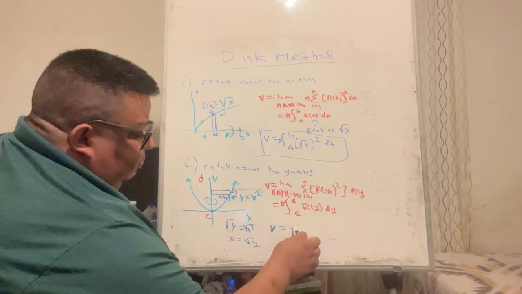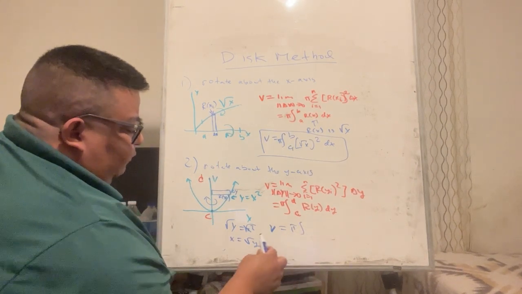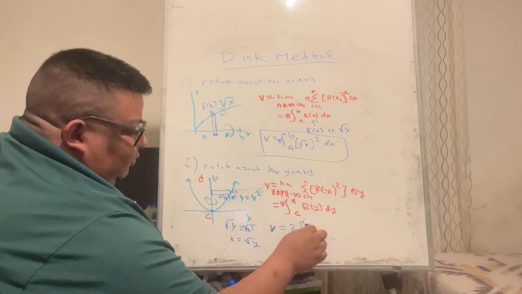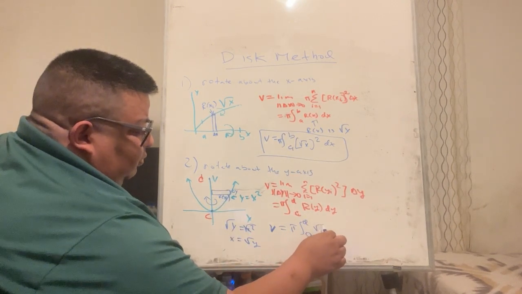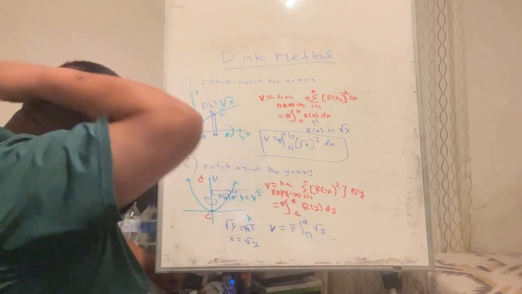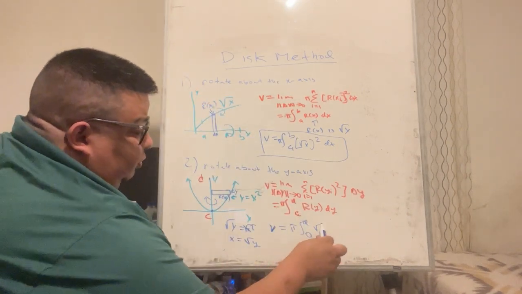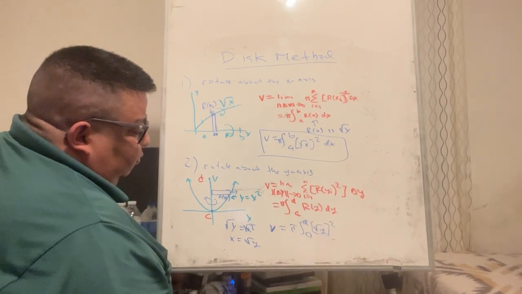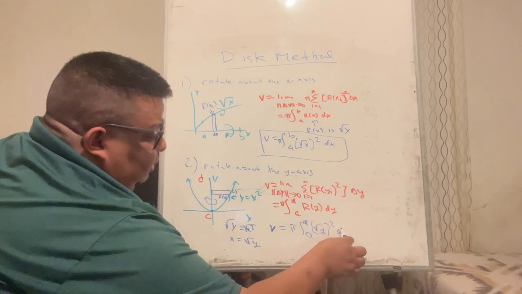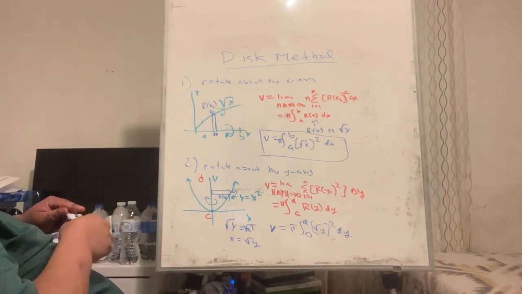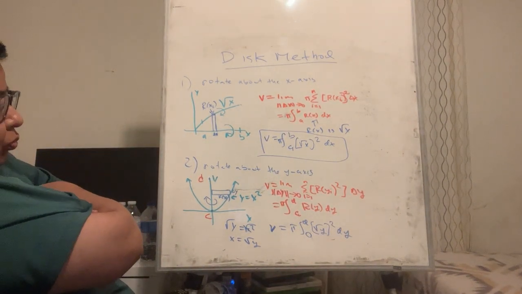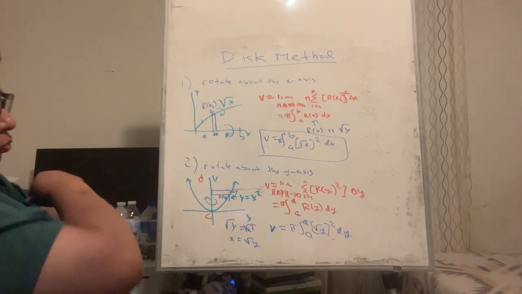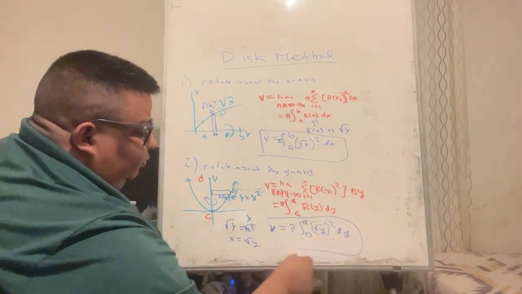Now this will be pi times the integral from 0 to d of the square root of y, squared, dy. And there you have your formula.